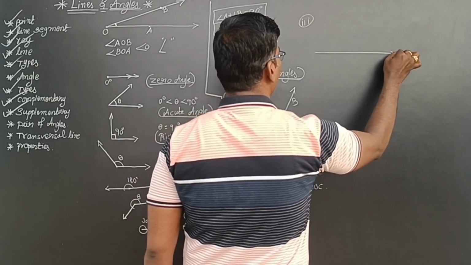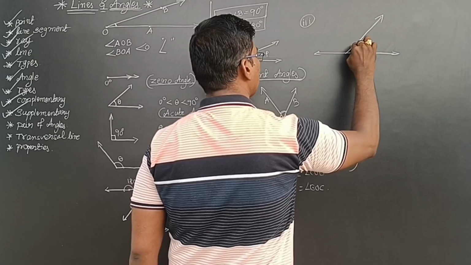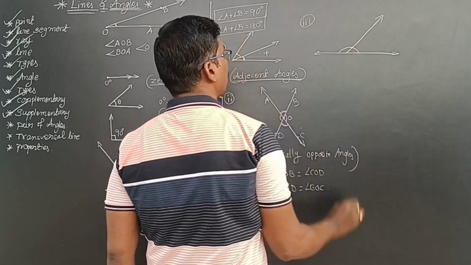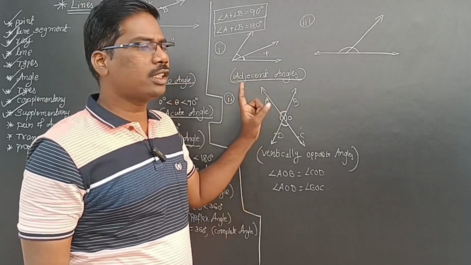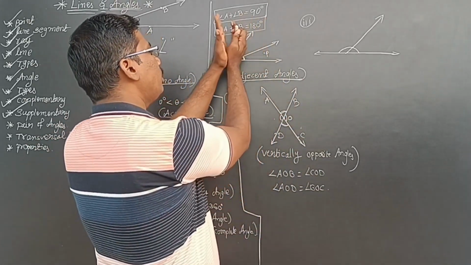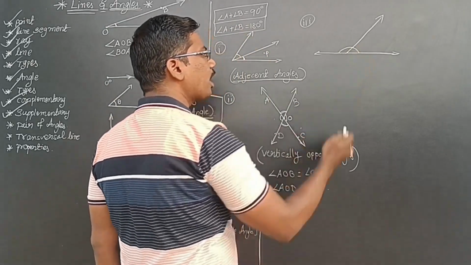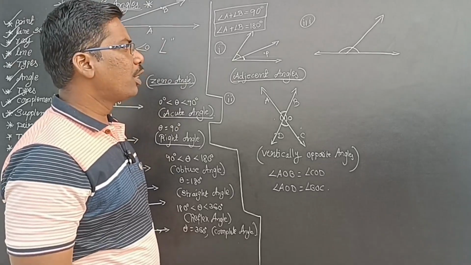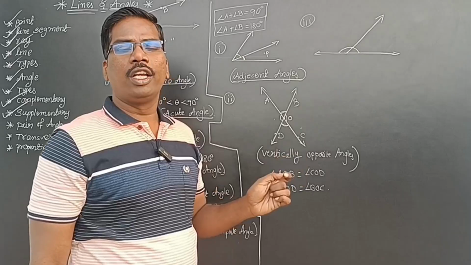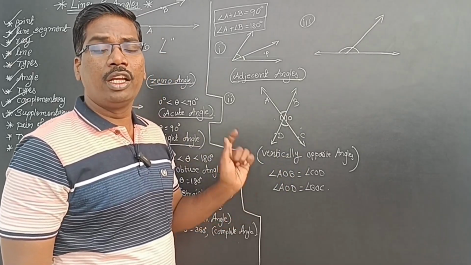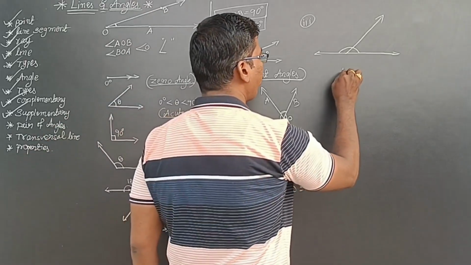Now see here. I am taking these adjacent angles and moving this ray to this side, this ray to this side. This is fixed. These two are adjacent angles only. If two adjacent angles are forming a straight angle, then those two adjacent angles are called a linear pair.